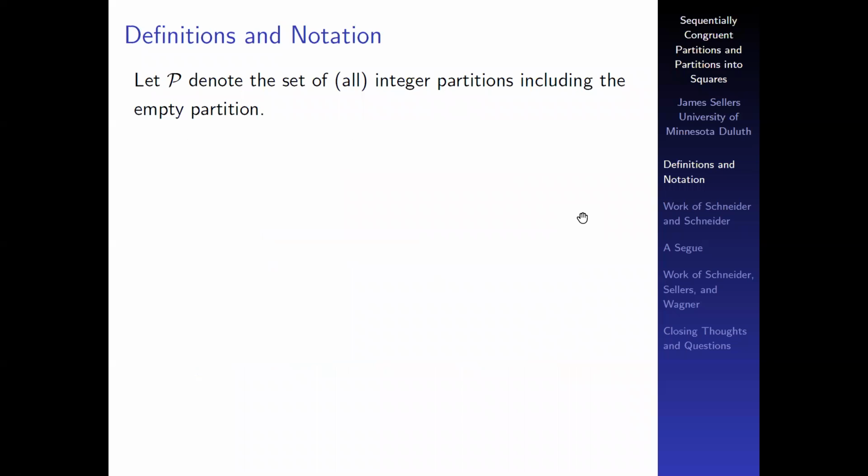Okay, so let's begin with some notation and some definitions just to make sure we're all on the same page. I'm going to let this capital calligraphic P denote the set of all integer partitions of all weights, including the empty partition.